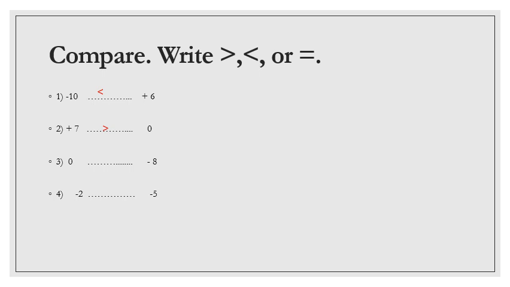I know that negative integers are less than 0, so 0 is greater than negative 8. Now I want to compare negative 2 and negative 5. In this case, negative 2 will be greater than negative 5.